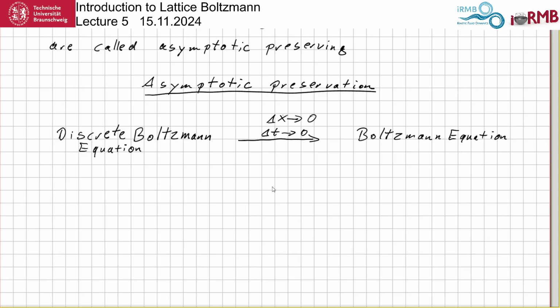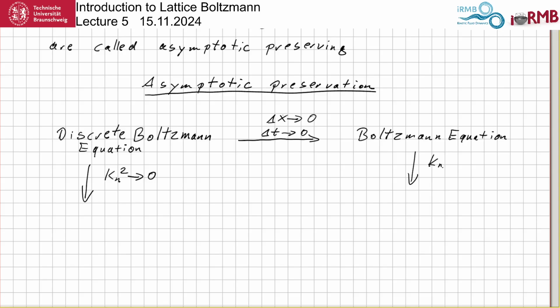And from this picture, we can also use these physical parameters, where we said the Knudsen number is going to 0. It's the same thing here. Maybe I start here.